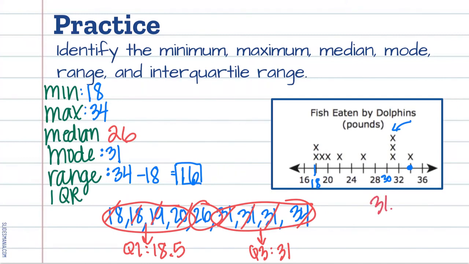So when I subtract 31 by 18.5 to find my interquartile range, I can borrow from the 3 to get a value of 2. Which gives me 11 here. And I'm going to borrow from that now to my tenths place. So I get an interquartile range of 12.5.